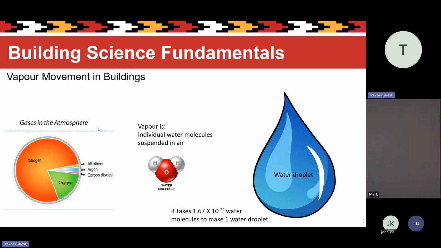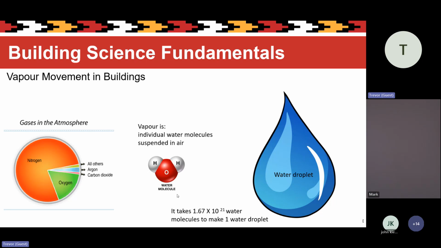So we're talking about water vapor in air, and if we look at what air and atmospheric gases are made out of, we're in this little slice here of all others for water molecules. So in the grand scheme of things, it's pretty small compared to the other elements in the atmosphere, but it's pretty important when it comes to moisture durability in buildings. So mostly we're talking about water vapor as individual molecules of water suspended in air.